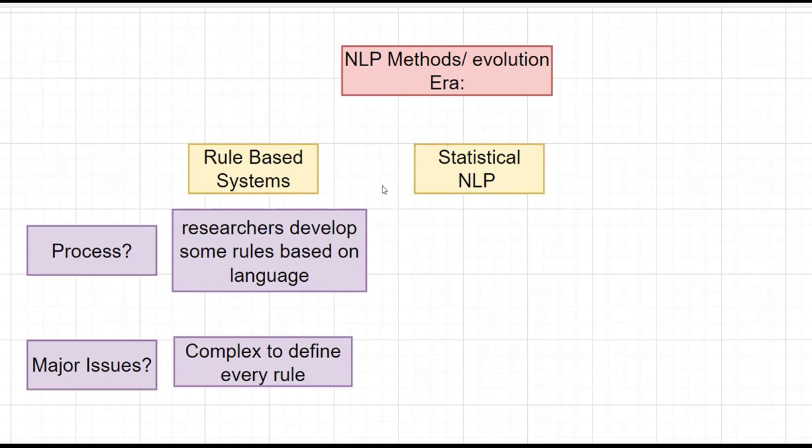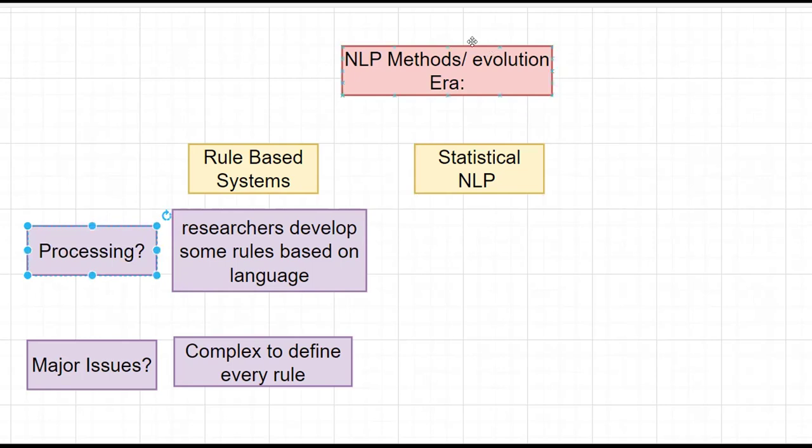Then after predicting, by using some more advanced statistical methods and probability methods, it will estimate or predict the next upcoming word in the sentence based on the given input. So the next upcoming word will be predicted by using this statistical NLP model.